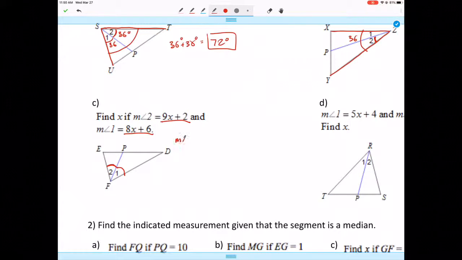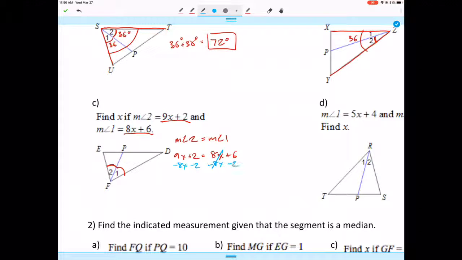So measure angle 2 is equal to the measure of angle 1. So 9x plus 2 is equal to 8x plus 6. Combine like terms. So we subtract 8x from both sides. That cancels. And then we can subtract 2 from both sides. That cancels. So we end up getting x equals 4.